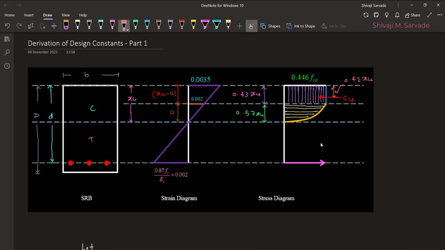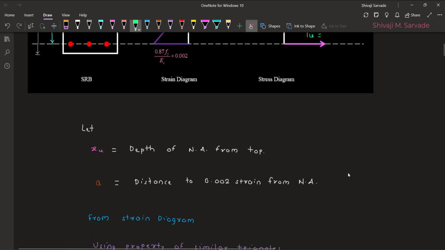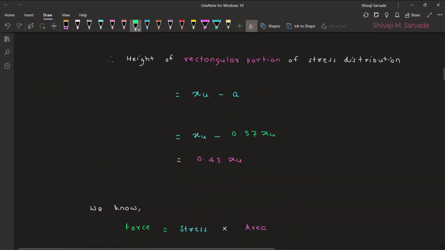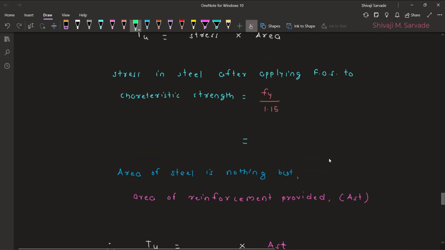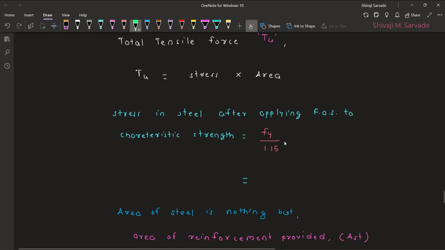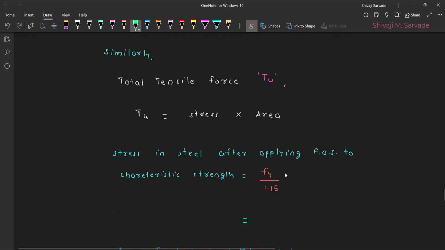Now similarly there is another force which we have to find out, which is the total tensile force. Again it will be stress into area. Now how do we find the stress in steel? The code has told us, let's say the characteristic strength of steel is Fy, and that we'll have to apply a factor of safety.